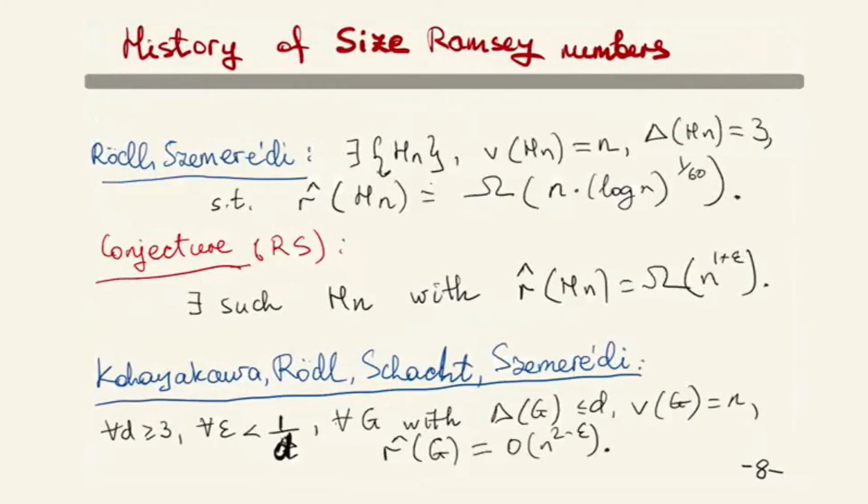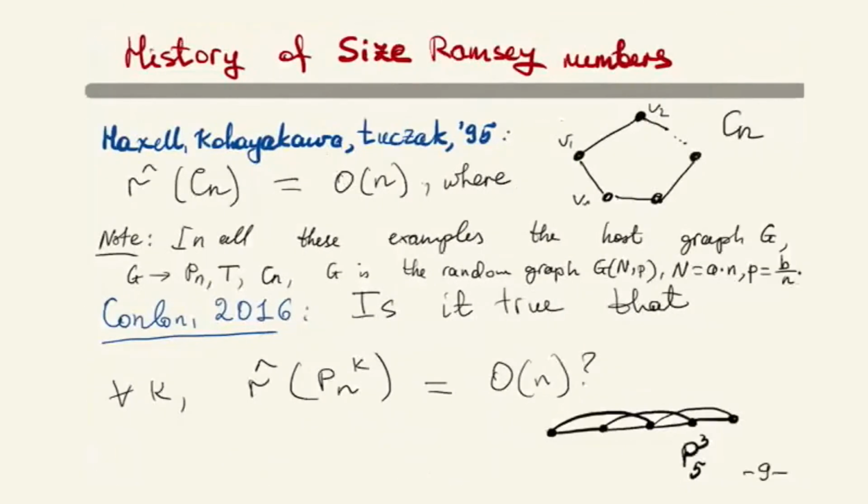I would think that it is, but I don't know the proof of this result, but I think it probably will be. Or some blow up of an expander, something of that form. No other host graphs are known. Okay.